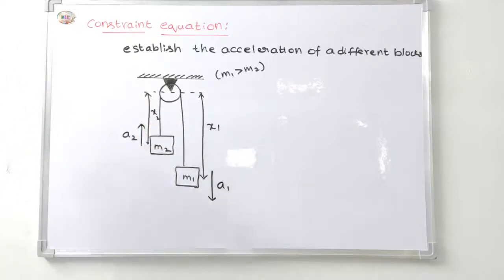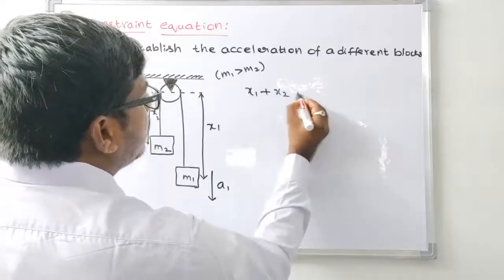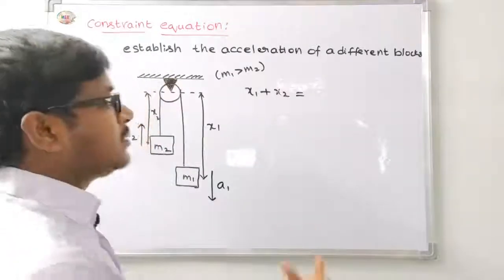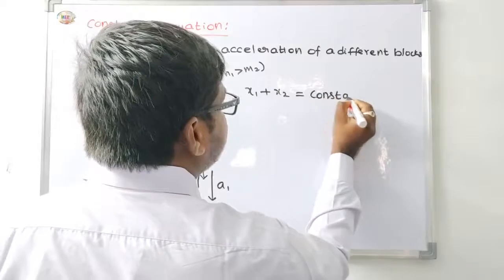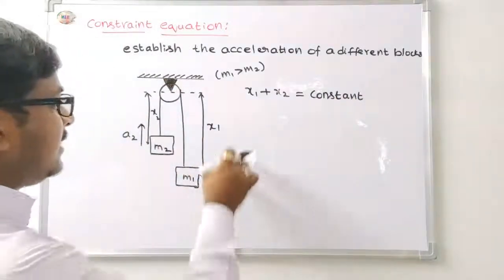For example, in the chosen problem, the length of the string remains constant; that is the constraint or restriction. Thus, x1 plus x2 is equal to a constant, say L. The length of the string is a constant. So x1 plus x2 is equal to a constant.